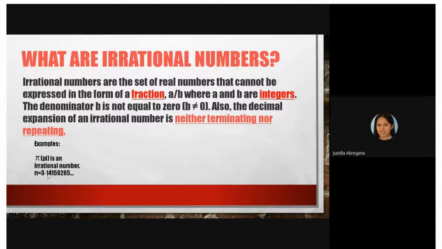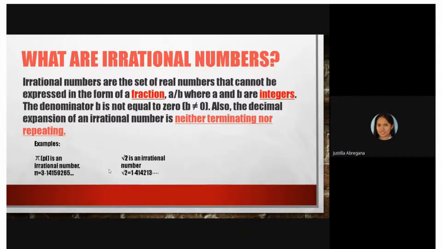As you can notice, the numbers in the decimal part are not repeated and it will not terminate. So it's non-terminating and non-repeating, which makes it an irrational number. We cannot express pi in the form of a fraction.